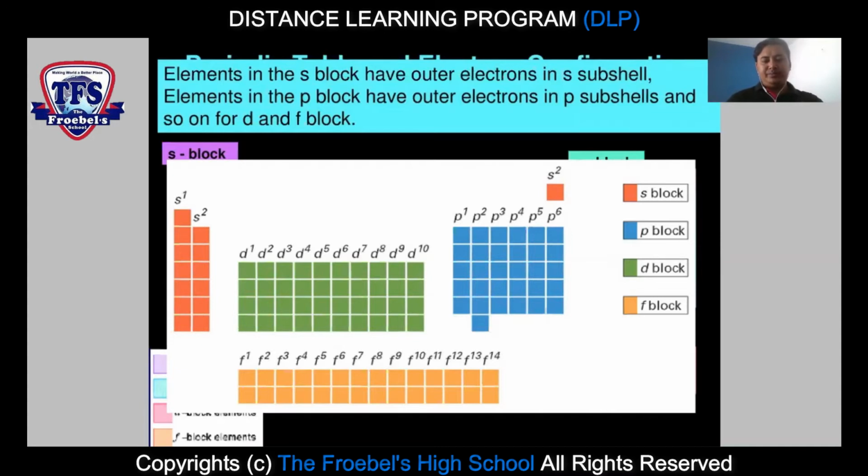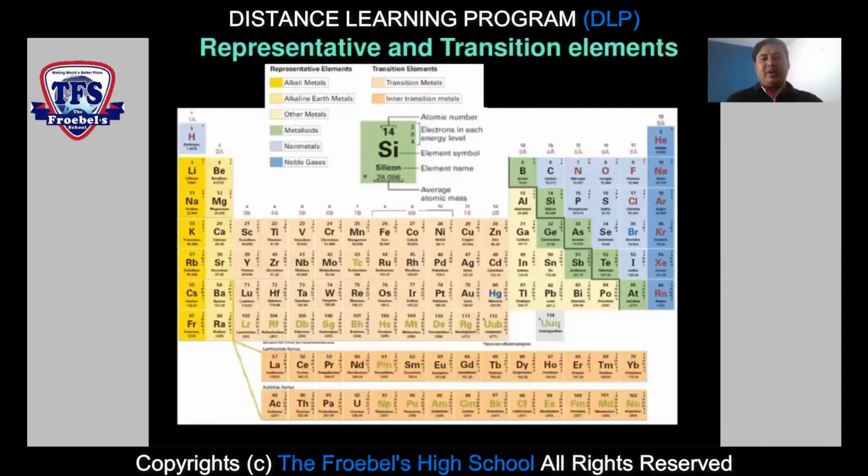Now, meanwhile, if I understand the elements, elements are divided into two types. One is representative elements, the second is transition elements. Representative elements include normal metals, non-metals, and metalloids.